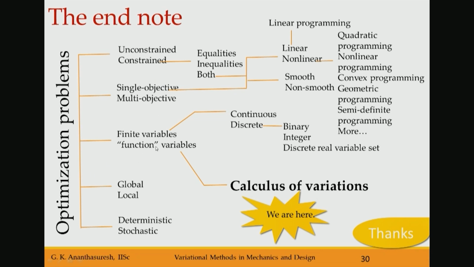You can have functions as variables, then you get calculus of variations, as opposed to finite variables which are continuous or discrete, with discrete binary, integer or discrete real variable sets. As opposed to that, now you have function variables, then you get calculus of variations. That is what we will discuss later. Again, it will be global or local optimization, deterministic or stochastic, and many other types of problems are there. Okay? Thank you.